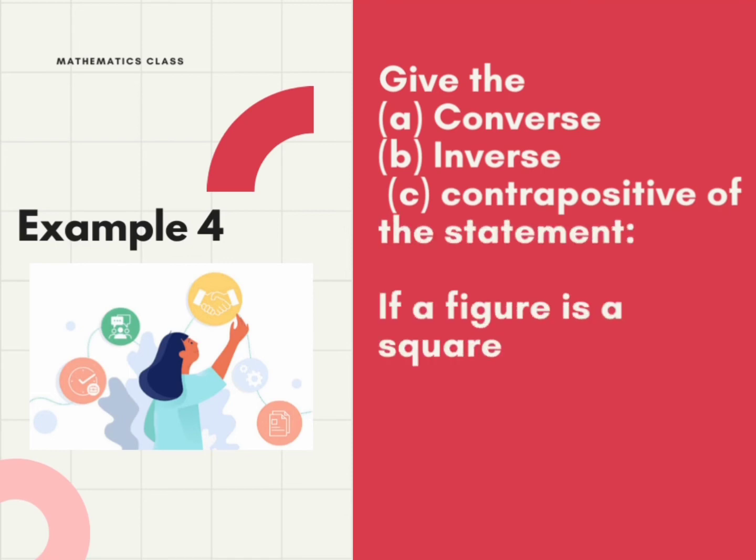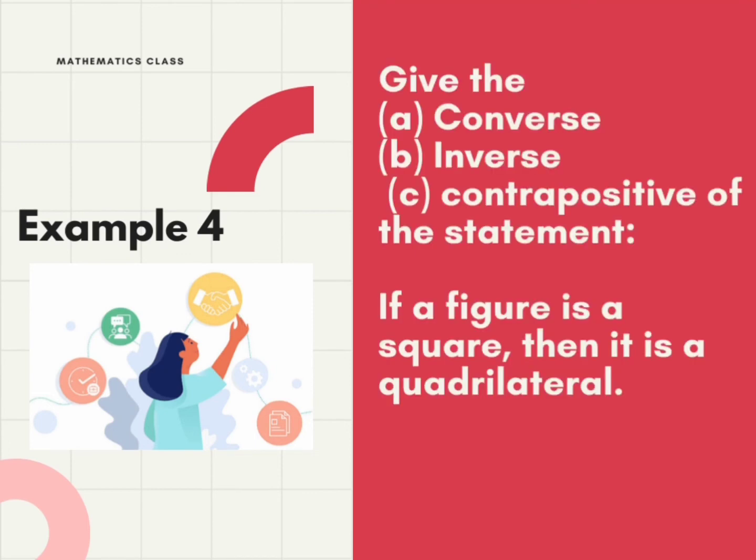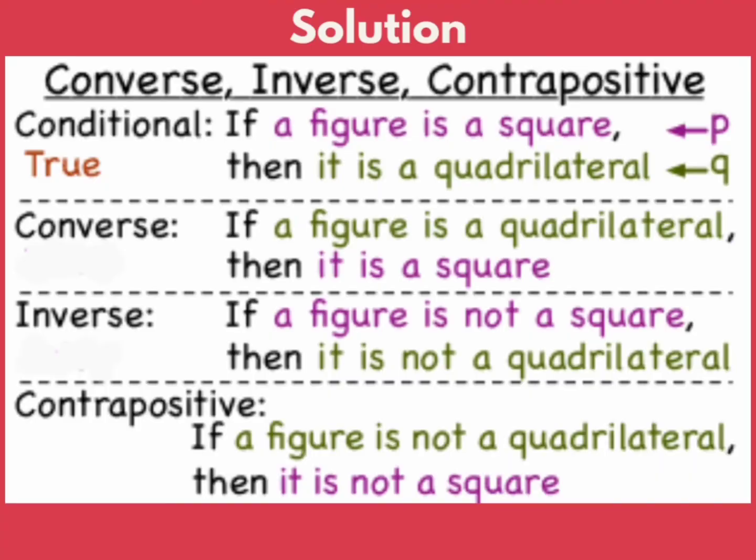So let's take this question. Give the converse, the inverse and the contrapositive of the statement: if a figure is a square, then it is a quadrilateral. The converse of this statement will be, if a figure is a quadrilateral, then it is a square.